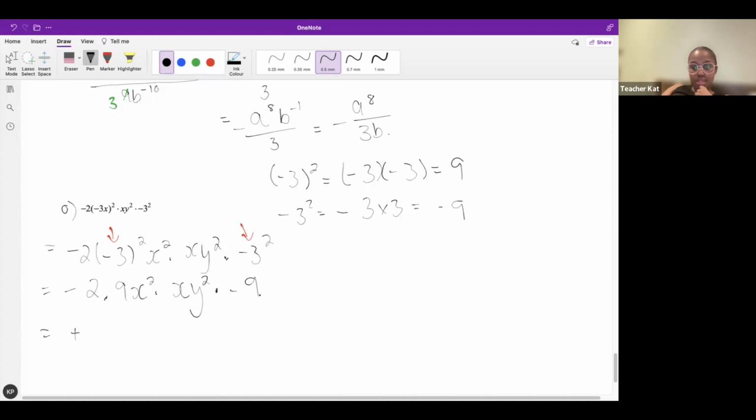There we go, 162. It's double of 81. Okay, now let's move on to our x's. It will be x to the power of, we have x squared times x, that's x to the power of 3, y squared.